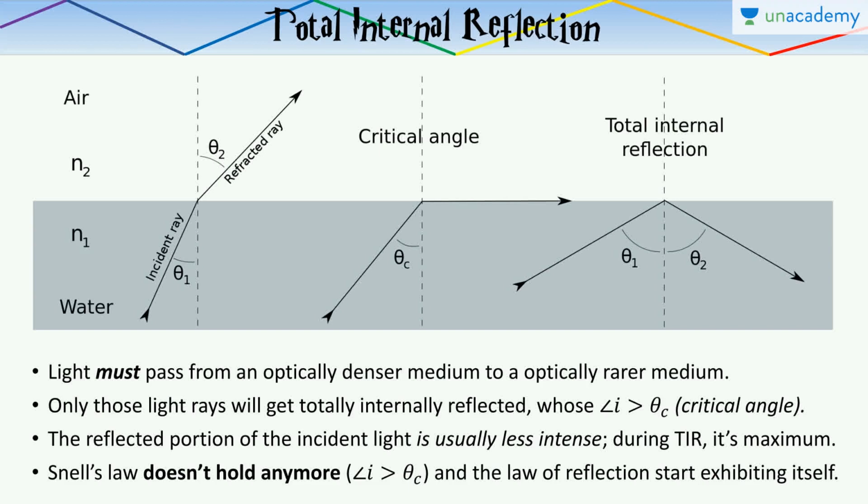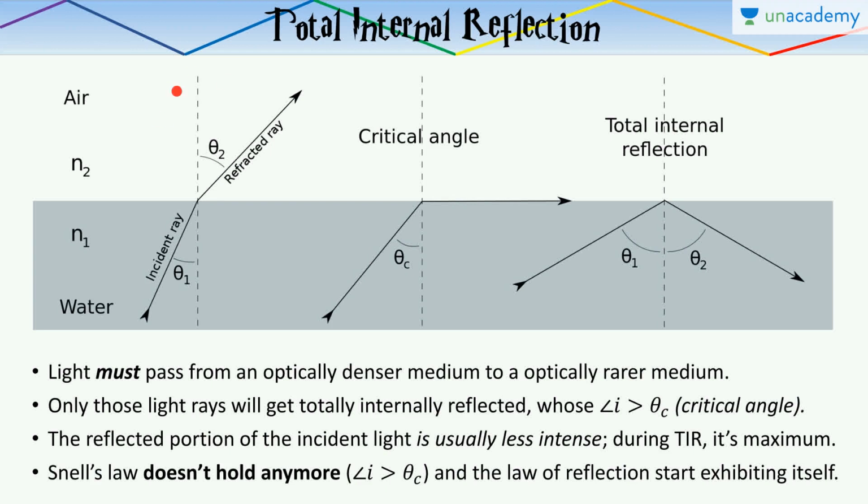Let's put a deep foundation on what total internal reflection really is. Now, when light is traveling from an optically denser medium such as water into an optically rarer medium such as air in this case, it gets refracted away from the normal at a certain refraction angle theta 2 here.